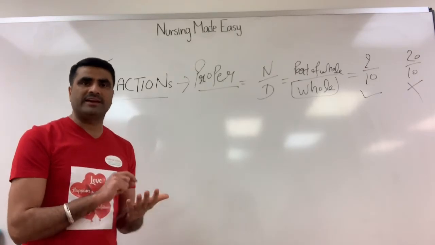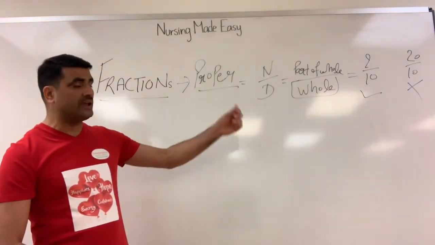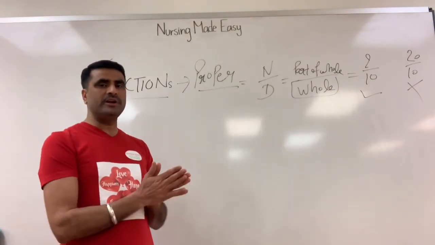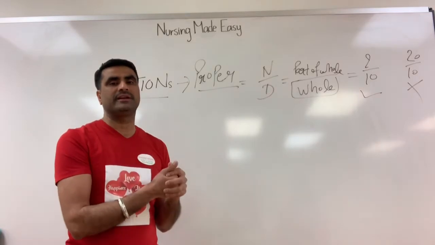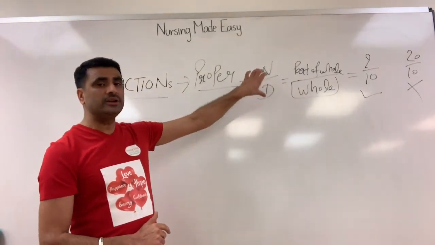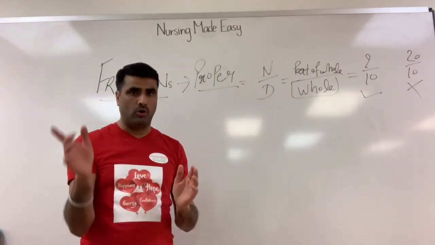To be named as a proper fraction, you need two elements. A, it should have a numerator and denominator. B, denominator always will be greater than numerator. For example, denominator should be a whole number and numerator is part of that whole number.